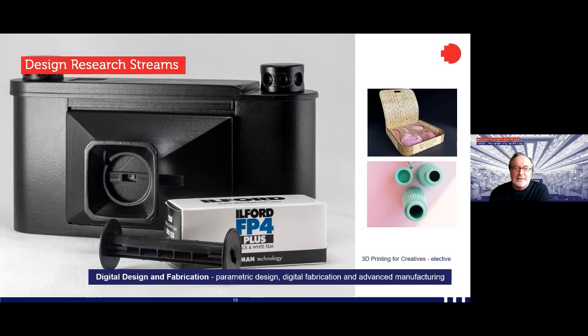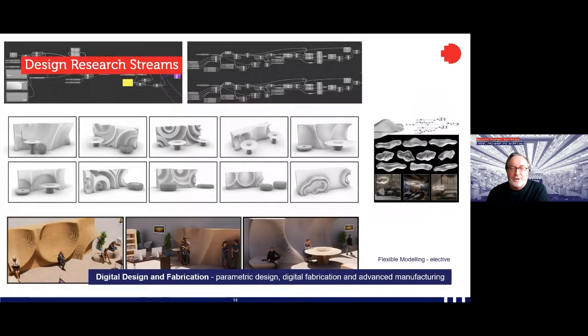We might move to the next slide and I'll talk about flexible modelling. So there's a revolution happening in manufacturing and making, and then there's also a revolution happening in modelling. And so flexible modelling looks at parametric design, and particularly the program called Grasshopper that allows you to make what they call iterative versions of a design.